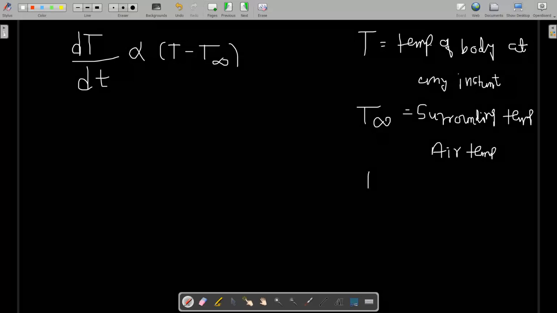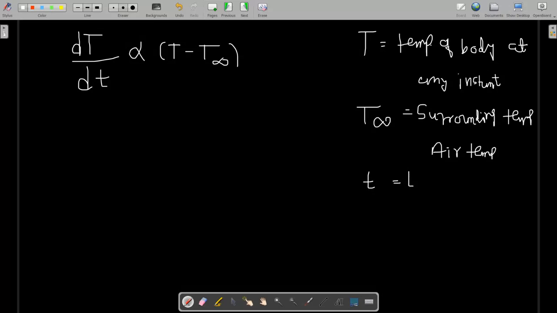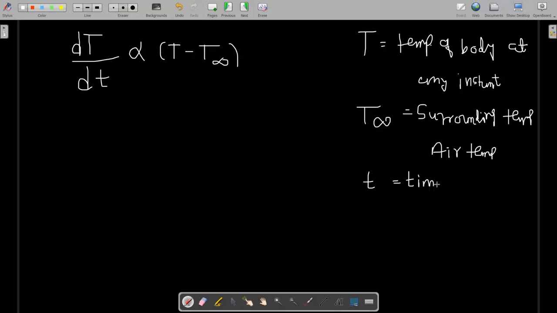And here small t represents time. Here we have taken time in minutes. For a particular numerical you can take seconds or hours as per your convenience.